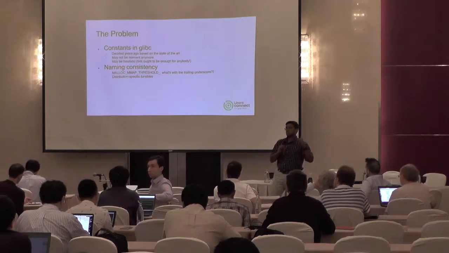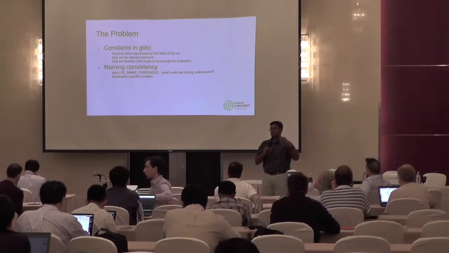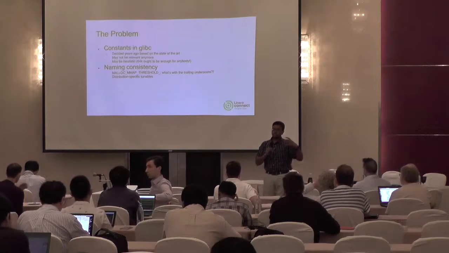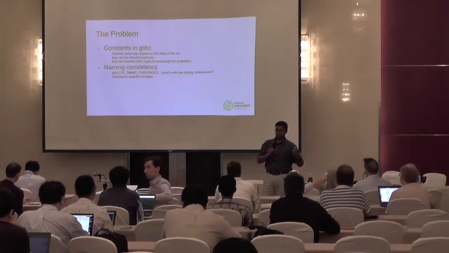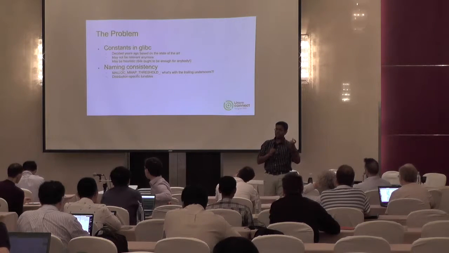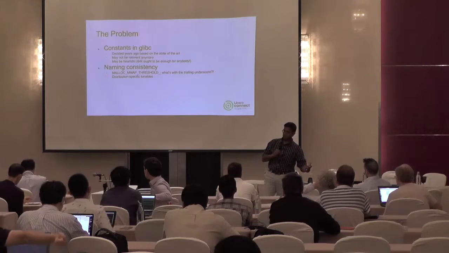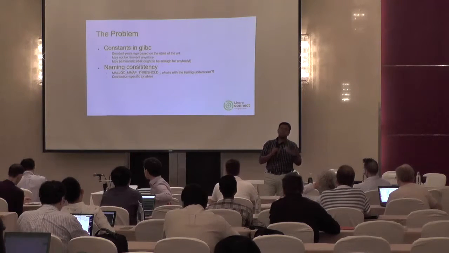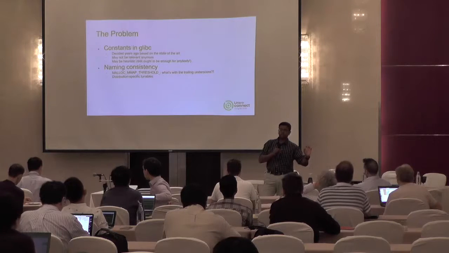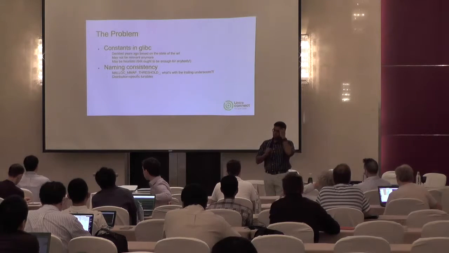The first is constants inside glibc. There are a fair number of them, like the number of thread caches, the stack caches inside glibc, or the initial size of the allocation selection, whether you allocate on the heap or you allocate using mmap, a lot of these things.